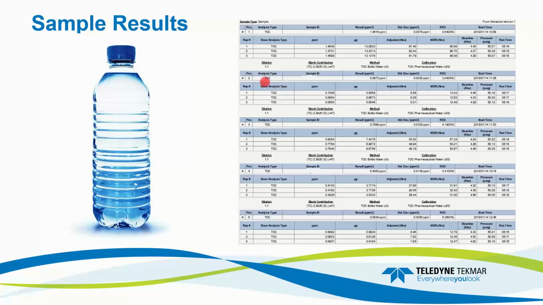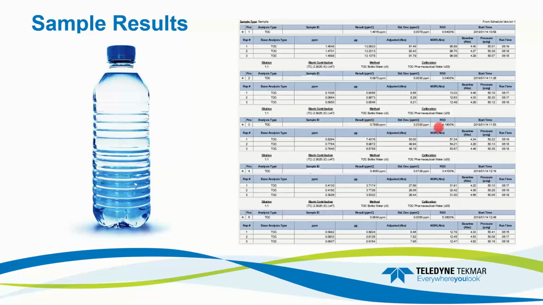For bottle number 2, this had a low level result of 0.09 ppm of carbon, and it had a 3.0% RSD. Sample 3 was also below 1 ppm, which came out to be 0.78 ppm.